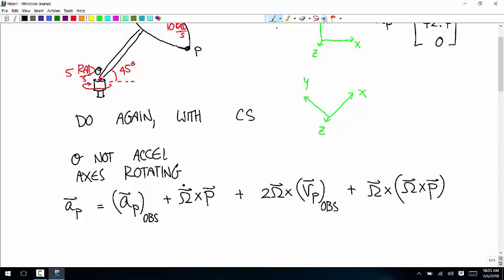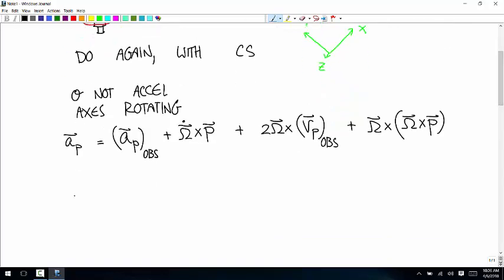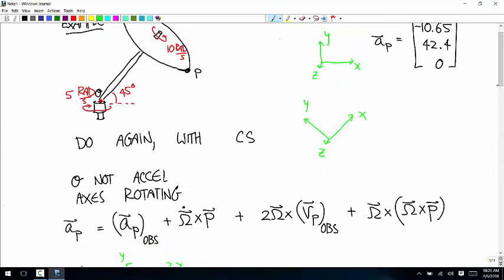So if we're trying to figure out capital omega, we have a coordinate system like this. And the rotation of our coordinate system is, according to the right-hand rule, down.